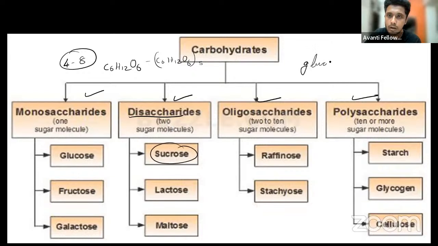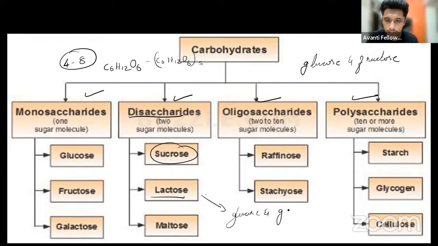What does lactose contain? Glucose and galactose. It is made up of 2 different sugars, isn't it? Glucose, galactose. Here you have glucose and fructose. So this is about disaccharides.